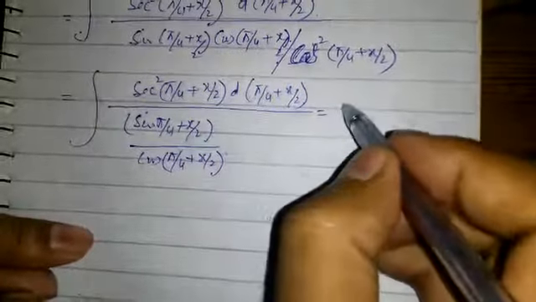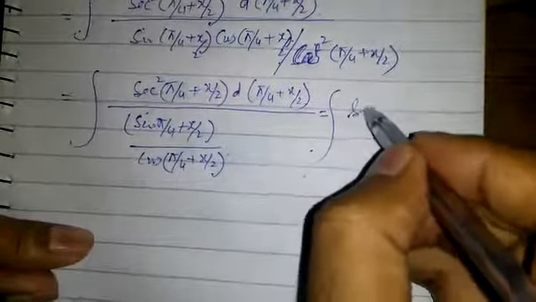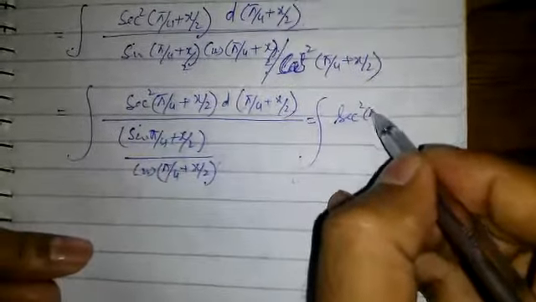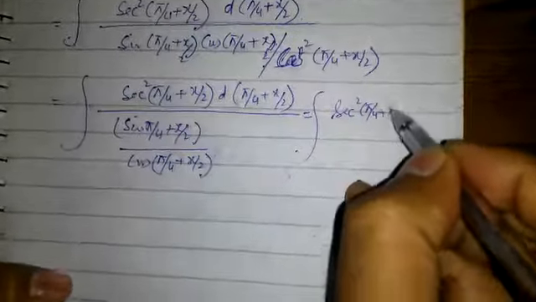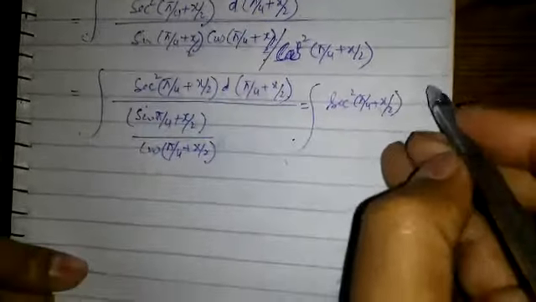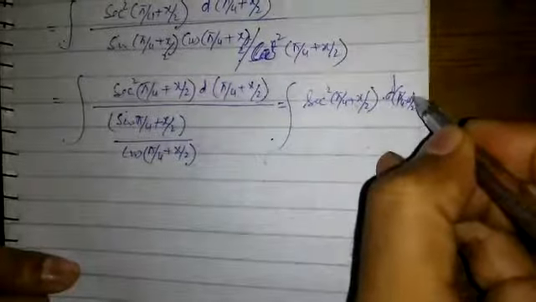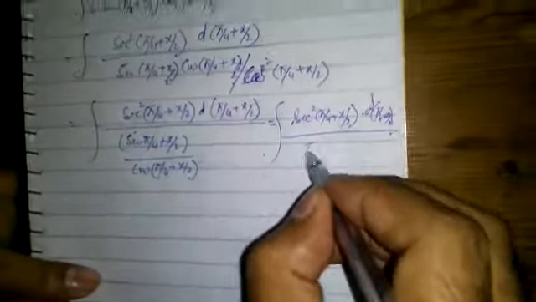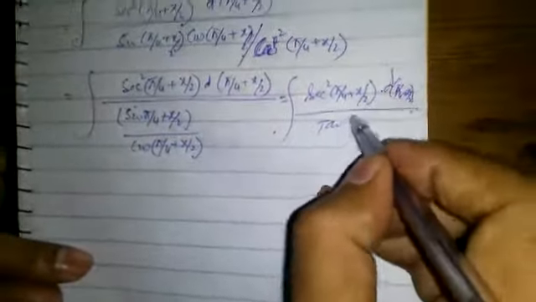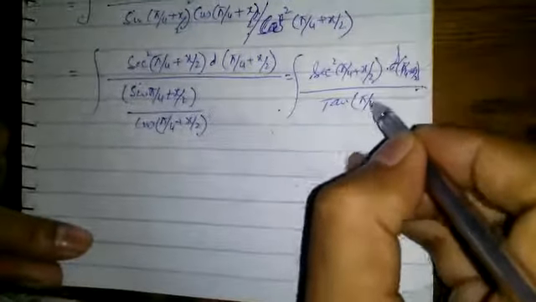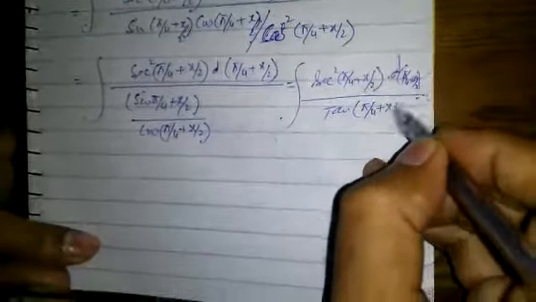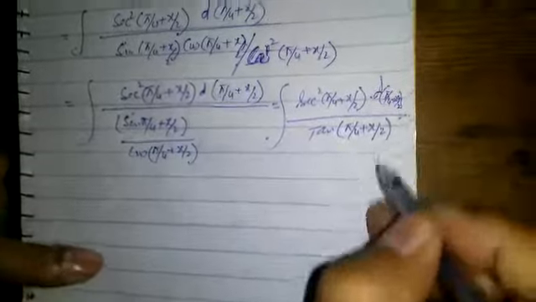is equal to secant square pi by 4 plus x by 2 into the differential of pi by 4 plus x by 2 over tangent pi by 4 plus x by 2.